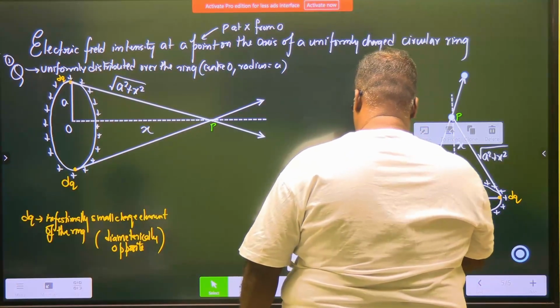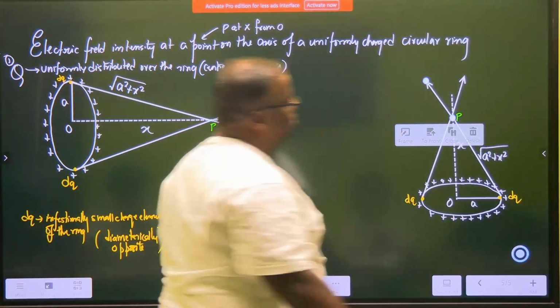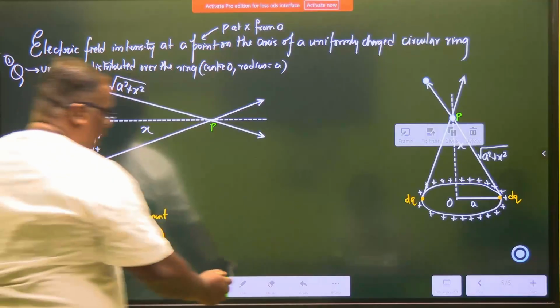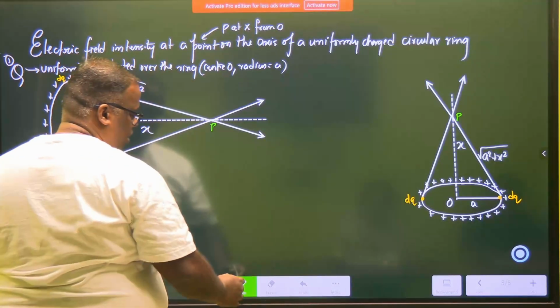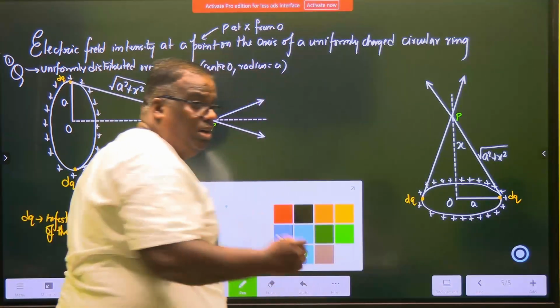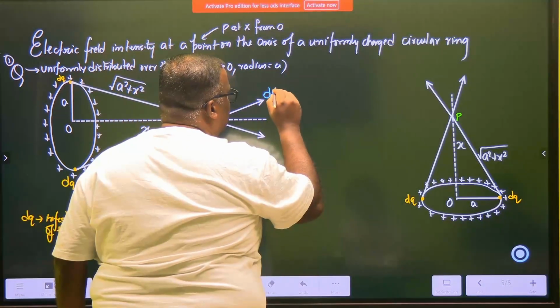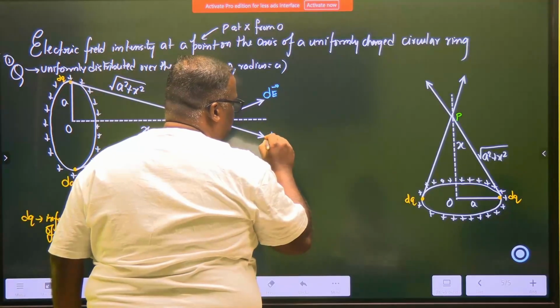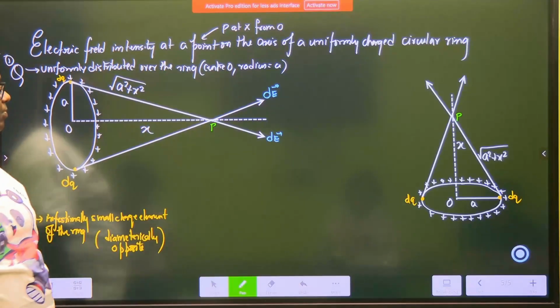Many people just mug this up. Why should you mug up if your concept is clear? Okay. And these electric fields are due to a very small charge element dq. So I will say that these electric fields are dE, and this is also dE. Agreed?